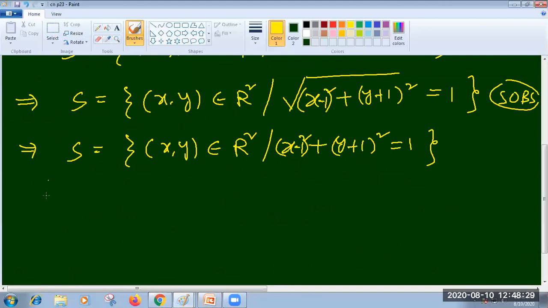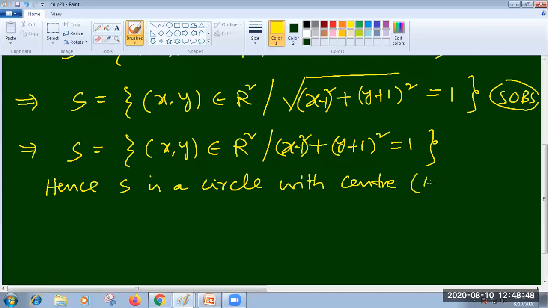Therefore S is an equation of a circle with center 1 comma minus 1 and radius 1 unit.